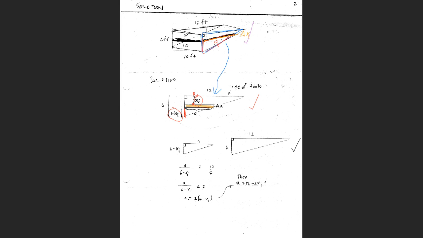These two triangles are similar, and that means that their sides are in proportion to each other. So if in the smaller triangle we take this side A and divide it by 6 minus x sub i, that would have to equal 12 over 6. And that gets us this proportion.